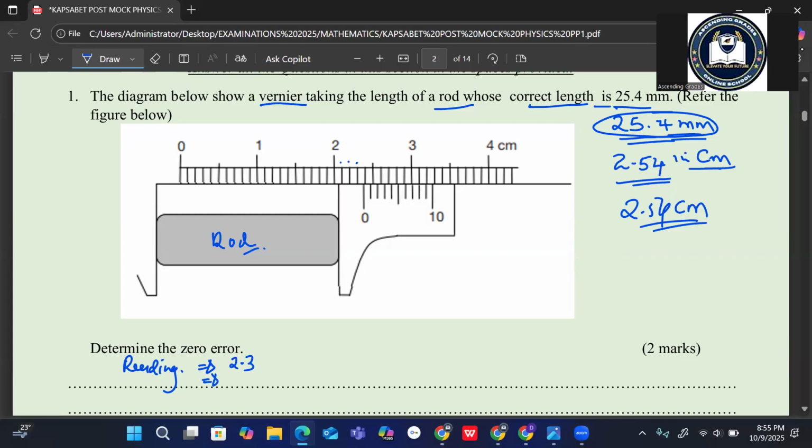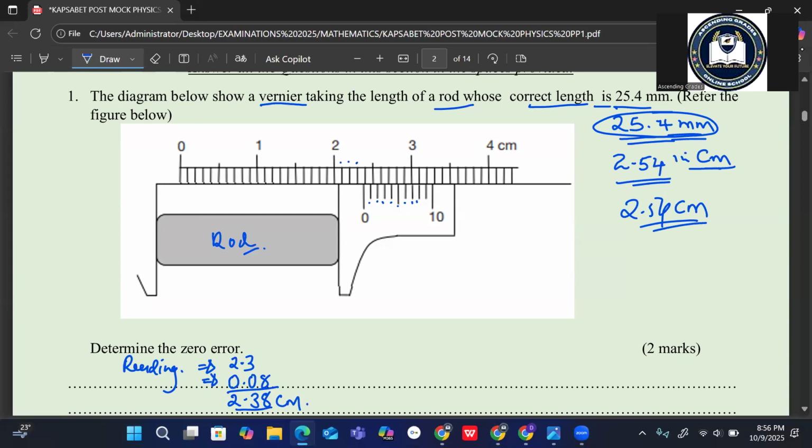Then for the vernier scale, a mark coinciding with a mark on the main scale: we count 1, 2, 3, 4, 5, 6, 7, 8. The eighth mark is coinciding. Then you multiply by the least count of 0.01, so it becomes 0.08. So the reading of this vernier caliper is 2.38 centimeters.